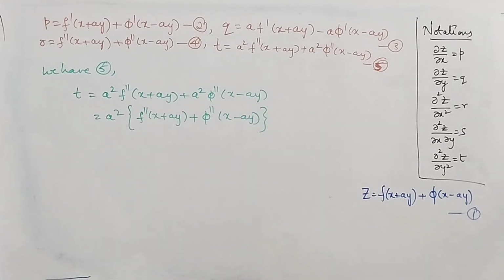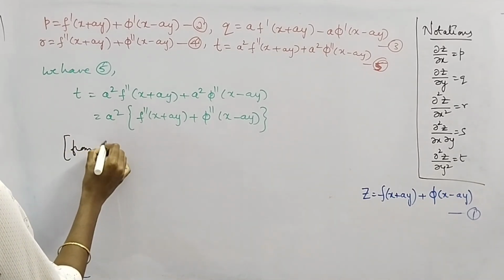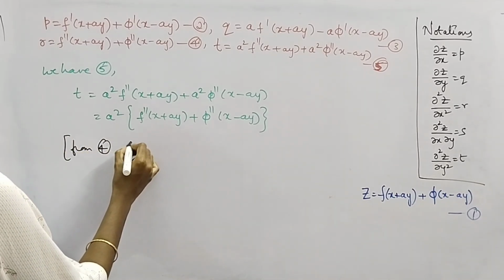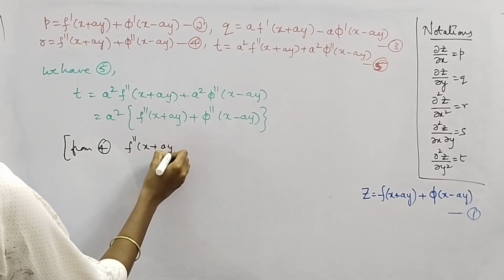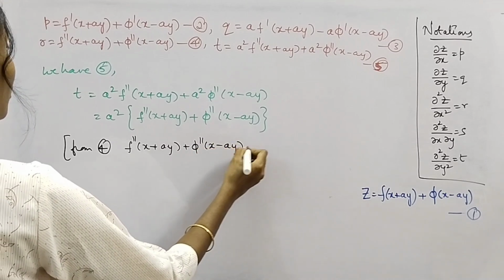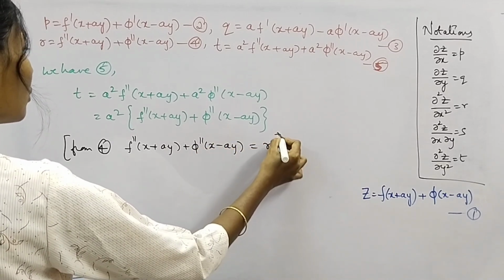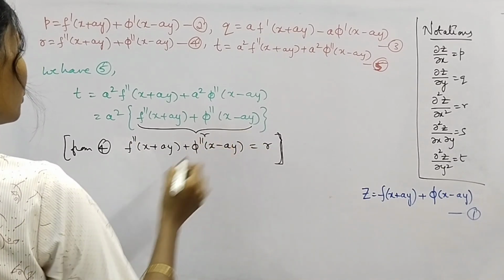And from equation 4 we have f double dash of x plus ay plus phi double dash of x minus ay equal to r, right? So we can replace this term by r.